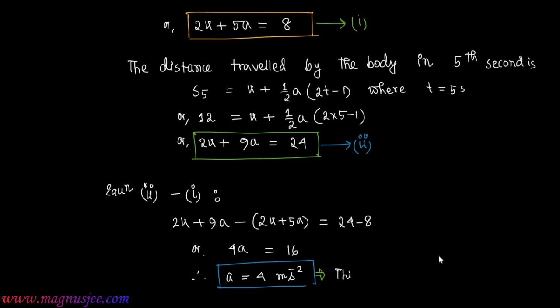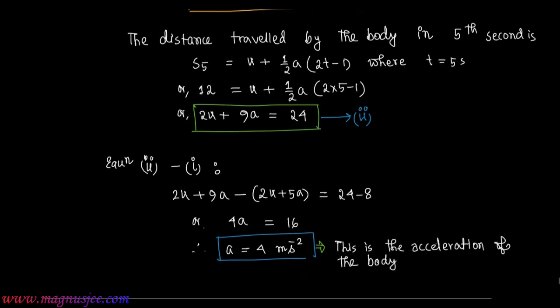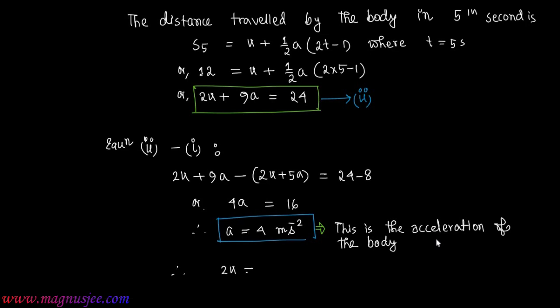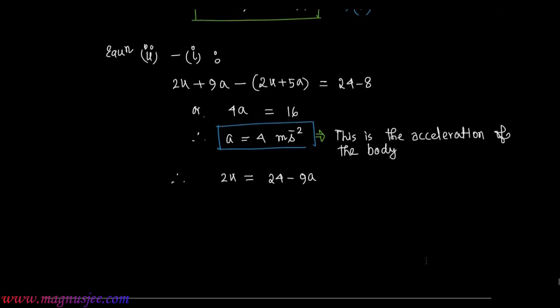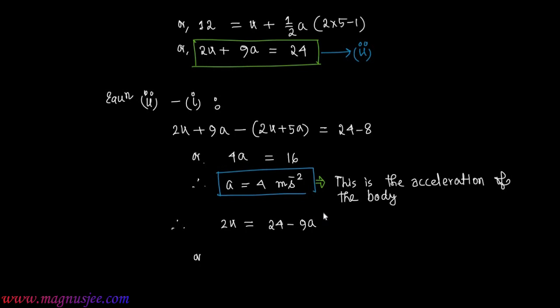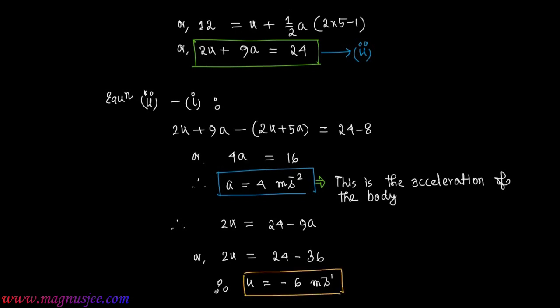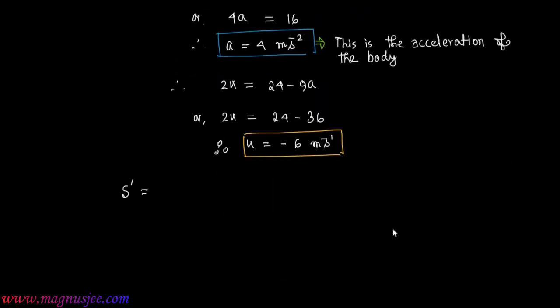Therefore 2u equals 24 minus 9a, or 2u equals 24 minus 36, because a equals 4 meter per second square. Therefore u will be equal to minus 6 meter per second.